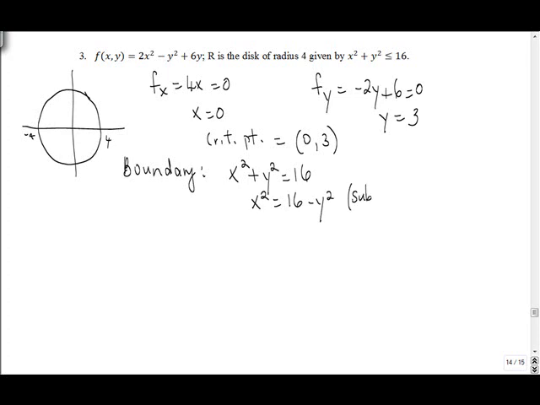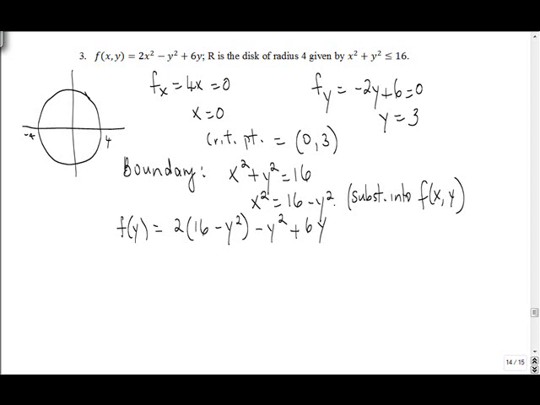So substitute into the function. The function becomes f of y equals 2 times (16 minus y squared) minus y squared plus 6y. And when I work that out, we get minus 3y squared plus 6y plus 32.